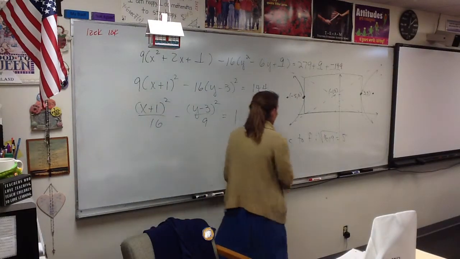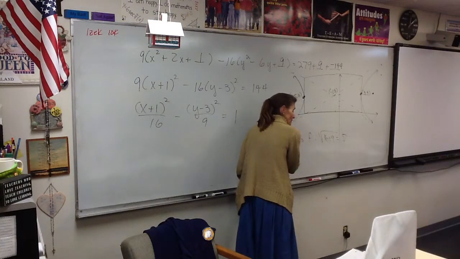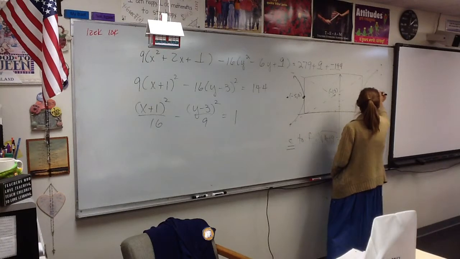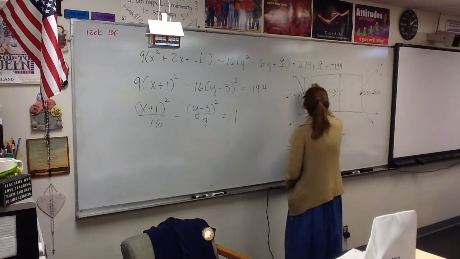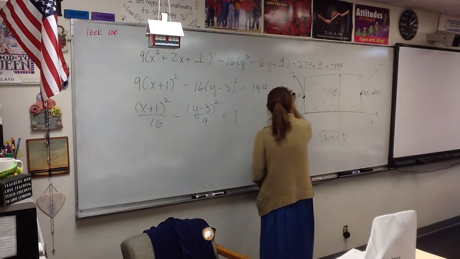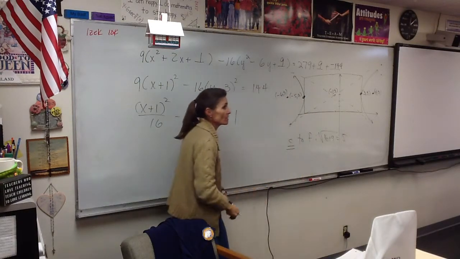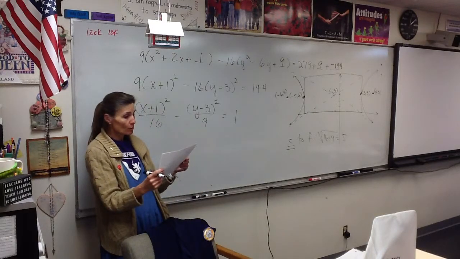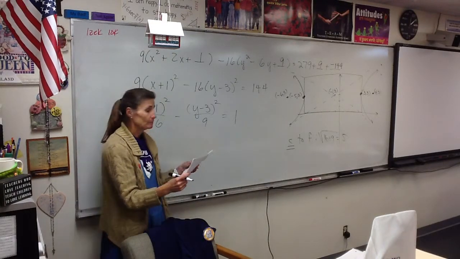So I'm going to start at my center and go forward 5, which would put me at 4, 3, and backward 5, which would put me at negative 6, 3. Those are my focus points. So they go in the blank numbered 5.